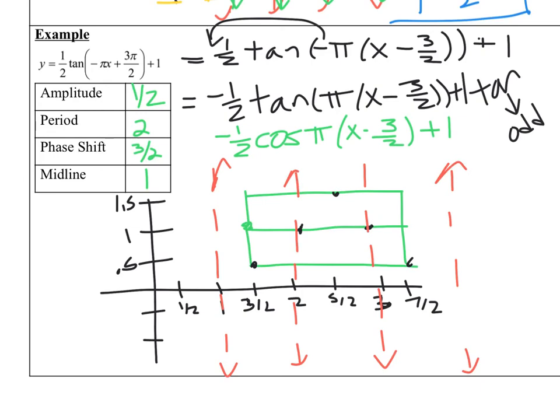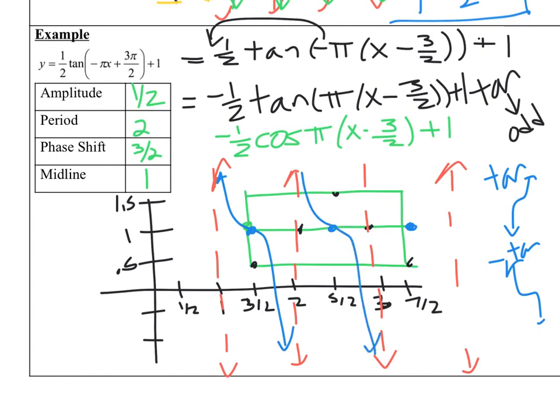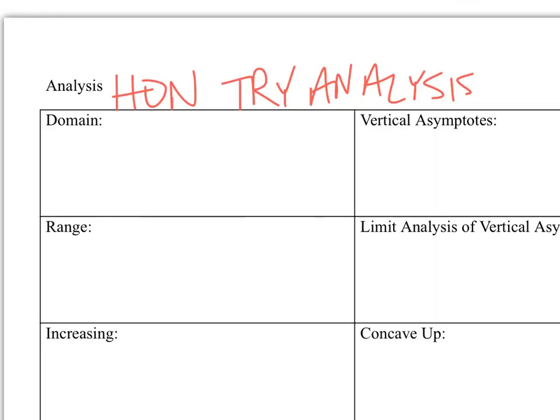Then I put my point of inflection equally between my vertical asymptotes on my midline. And since positive tangent snakes up, negative tangent slopes down. So once again, the fact that it's positive cosine, negative cosine doesn't actually matter. What matters is my overall shape for tangent. Honors, try to do the analysis page.